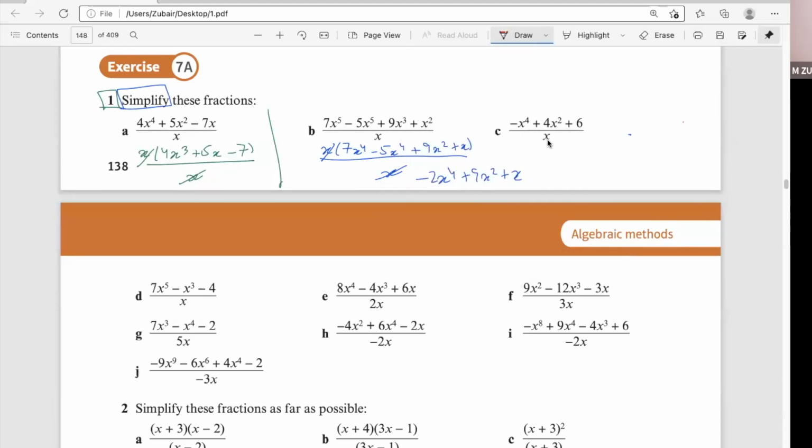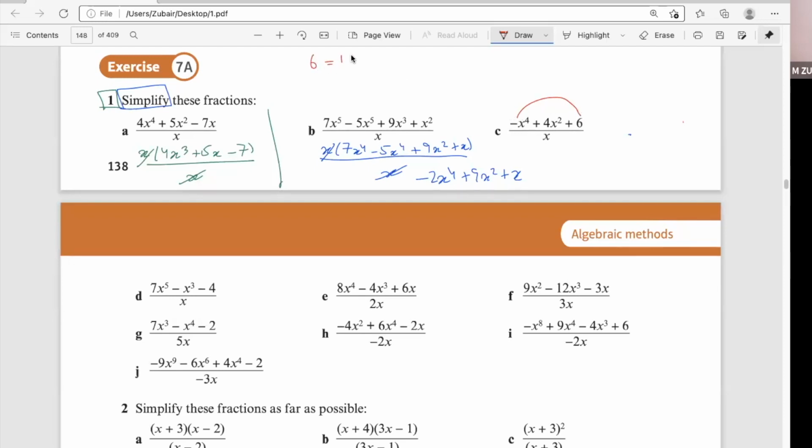Last part says again denominator, it is x. But in the numerator, we can see that we cannot take x as common from all these terms. So what you can do is, we can try if we can get the middle term breaking first. If that is not the case, we will just split them into fractions. So let us check if we can find this. 1 into 6 is 6.